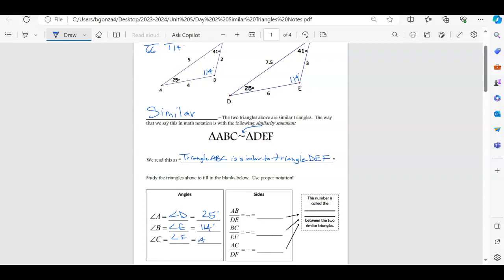So basically we see that we have matching angles on each side, and then what we're going to do is for the sides, we're going to turn them into fractions. So between AB, you can see there's a 4 there, right? And between DE, the corresponding side, there's a 6 there. So in that little middle spot right there, you're going to put 4 over 6.